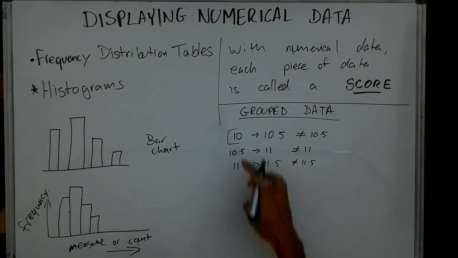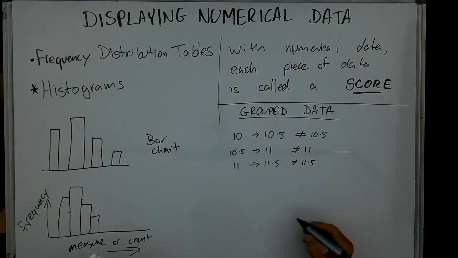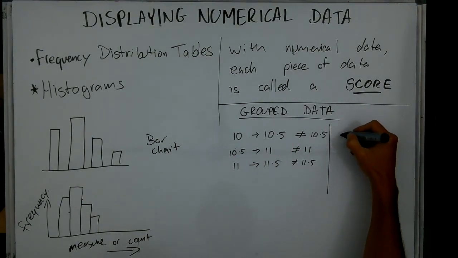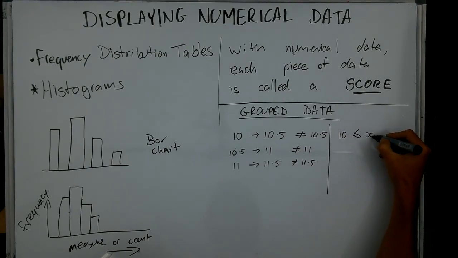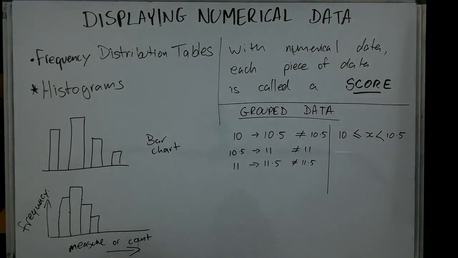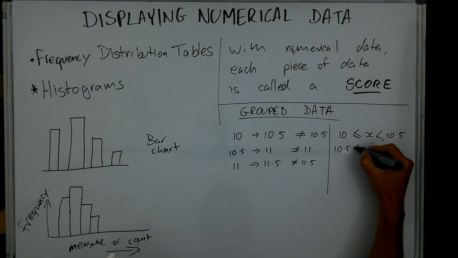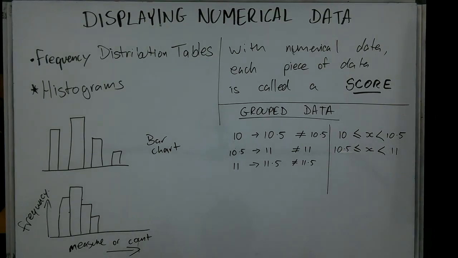Another way of writing this same information, I'll put it next to it, is 10 ≤ x < 10.5, then 10.5 ≤ x < 11.